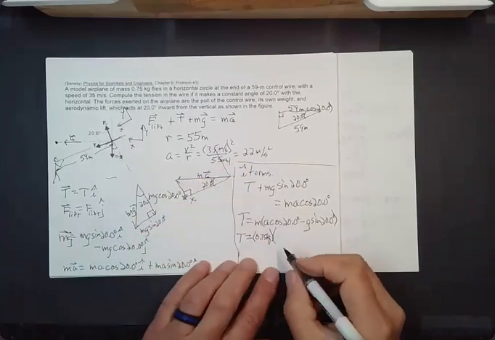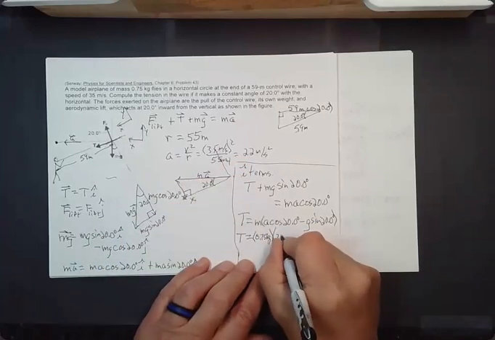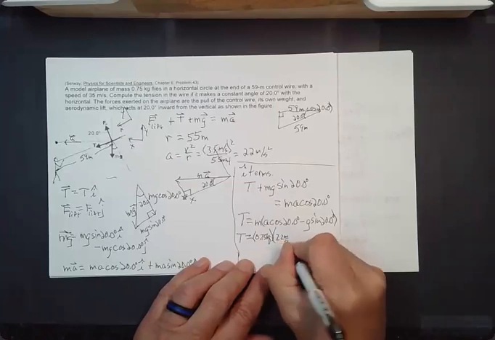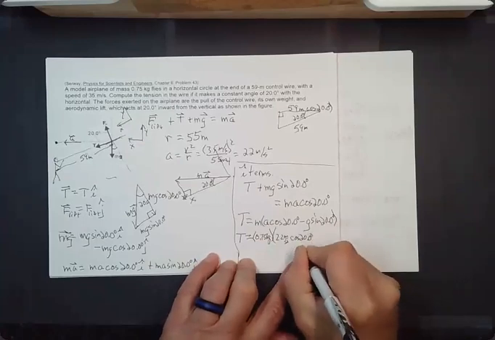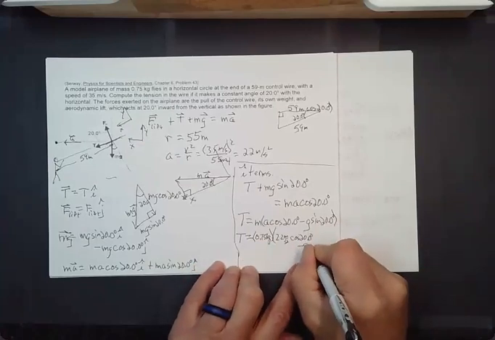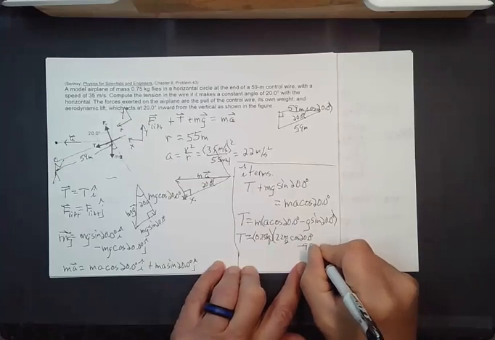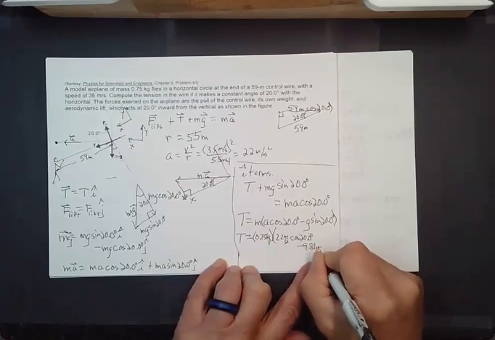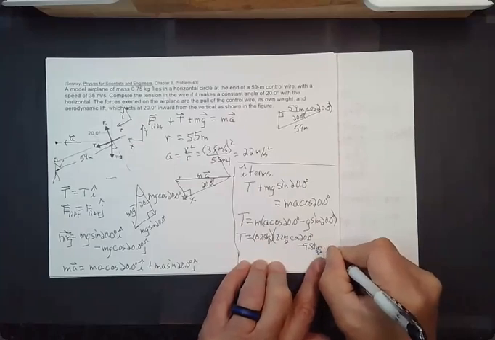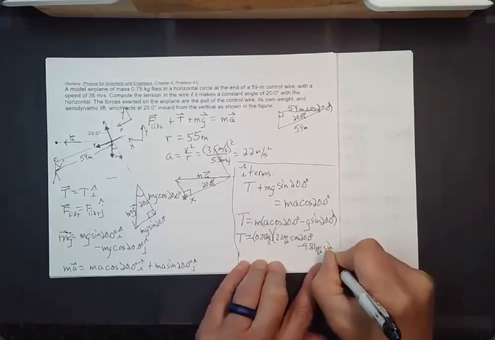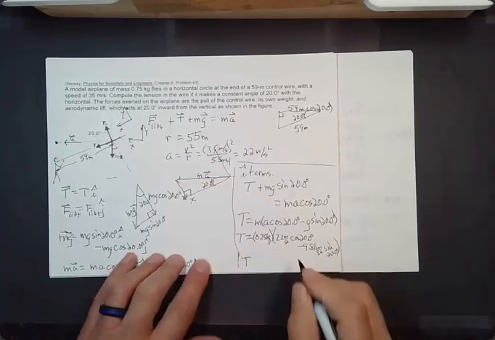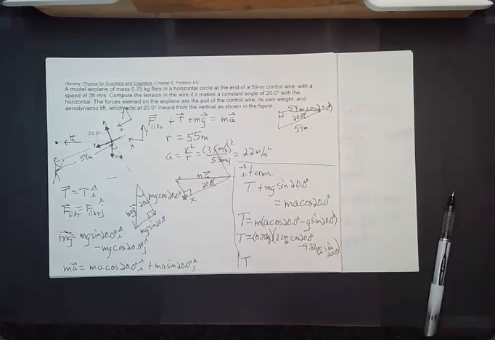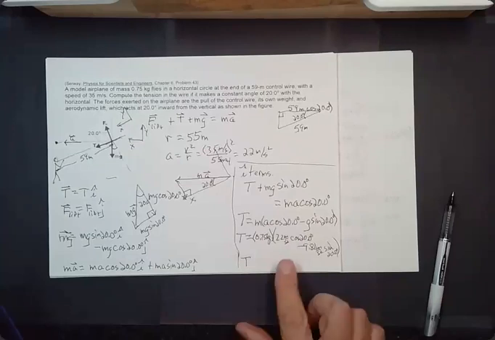The acceleration we figured out, 22 meters per second squared, cosine of 20.0 degrees minus 9.81 meters per second squared, although I don't think we're going to get to keep all these sig figs, sine of 20.0 degrees. All right, kind of messy. We're only going to get to keep 2 sig figs.